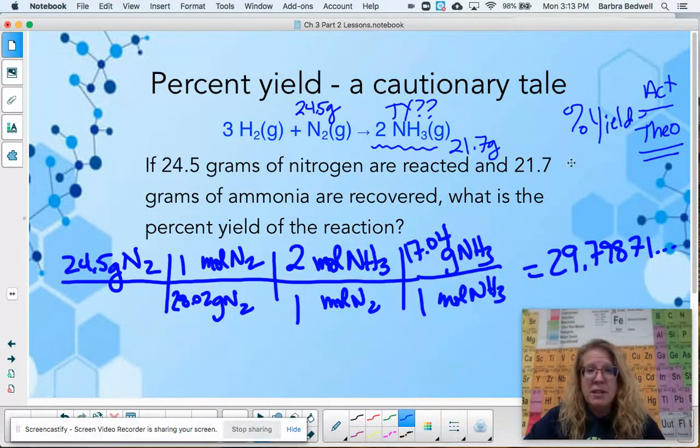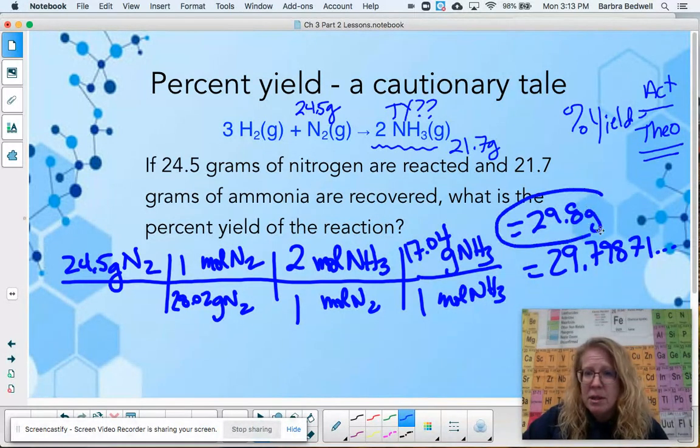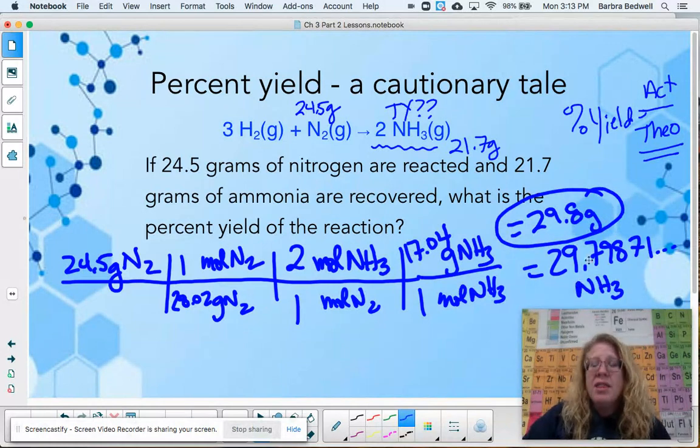Rounding for sig figs: 3 sig figs in my problem, so I want 3 sig figs as well. That rounds to 29.8 grams of ammonia, NH3. This is our theoretical yield.